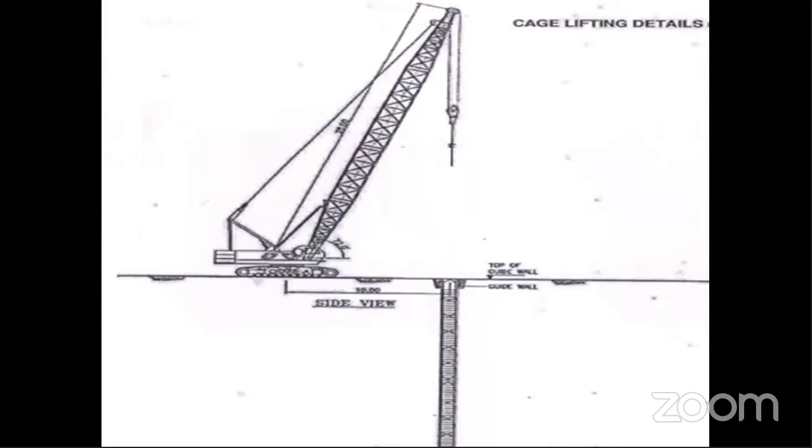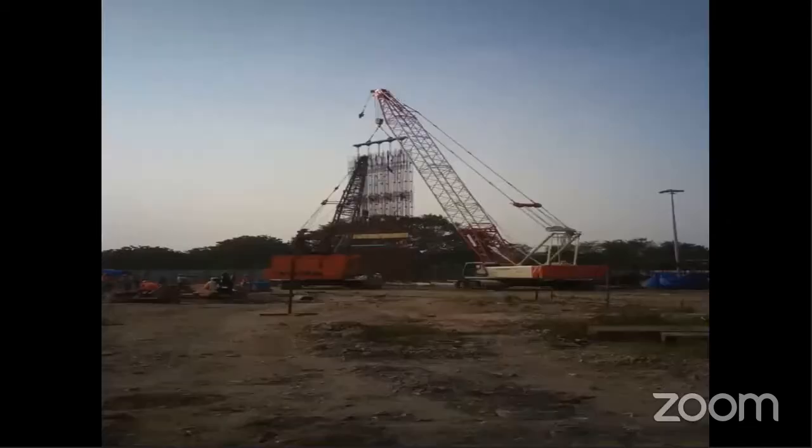After that, the cage has been inserted, and the main precaution we should take is we should try to lock the cage at the top of the wall only, because this is how we maintain the level. This is my side picture, and this is how we have used this.